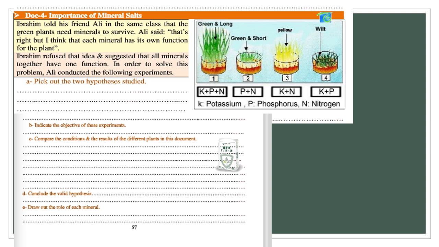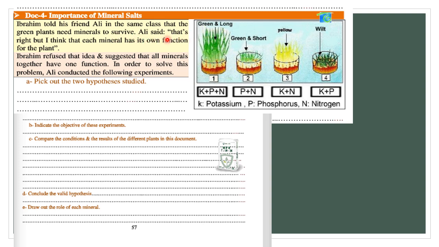Now, I want you to open your bio guide on page 57 and let's explain document 4. Please, I want you to solve it alone and write the answers on your copybook. Ibrahim told his friend Ali in the same class that the green plants need minerals to survive.